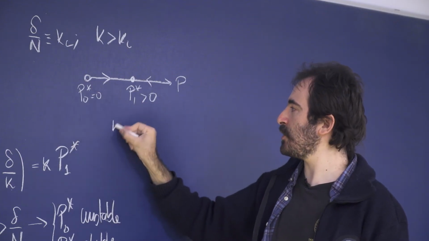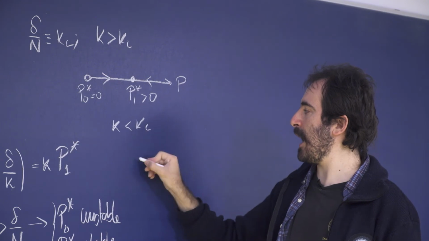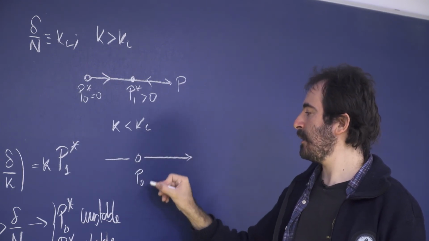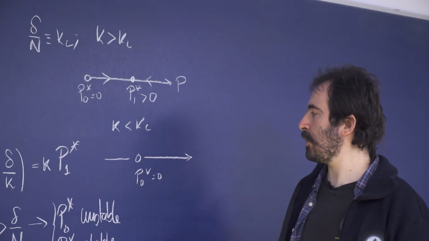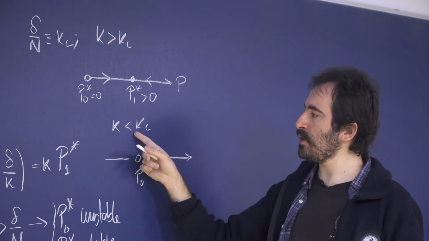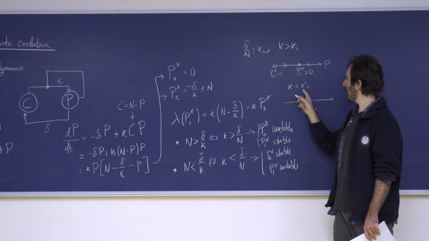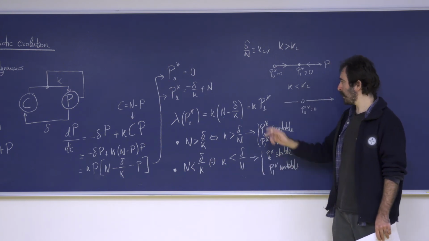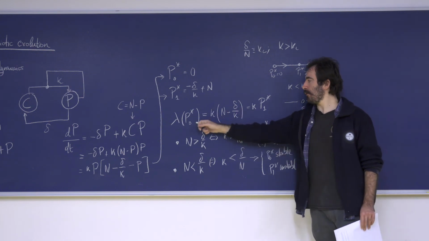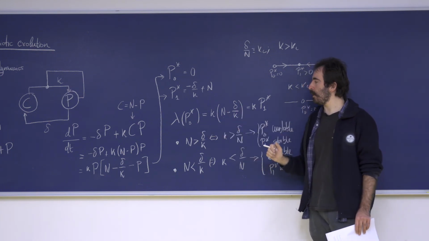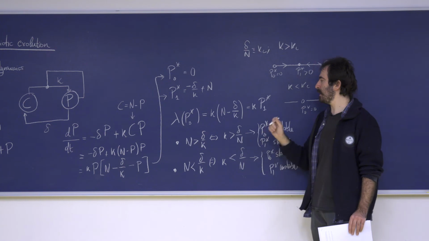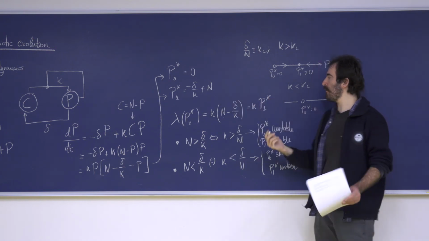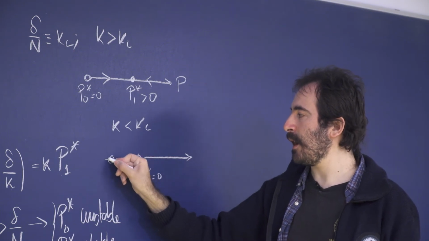And then on the other situation, where k is smaller than kc, what happens here is that this is again the trivial fixed point, 0. But now, in this situation, remember, k less than k critical, which is this situation over here, implies that lambda of the trivial point is negative, but this means that P1 is negative, and therefore, as such, it cannot be a physical term, right?